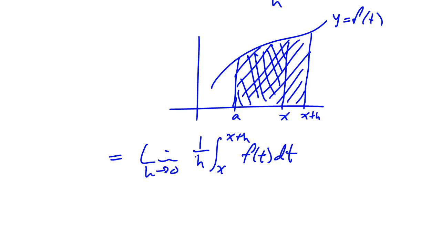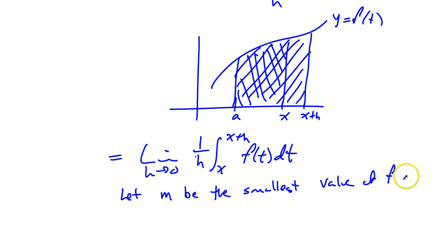So from Calc 1, we know that this continuous function f on the closed and bounded interval from x to x plus h must have a maximum and it must have a minimum, right? So I want to let little m be the smallest value of f on the interval from x to x plus h.